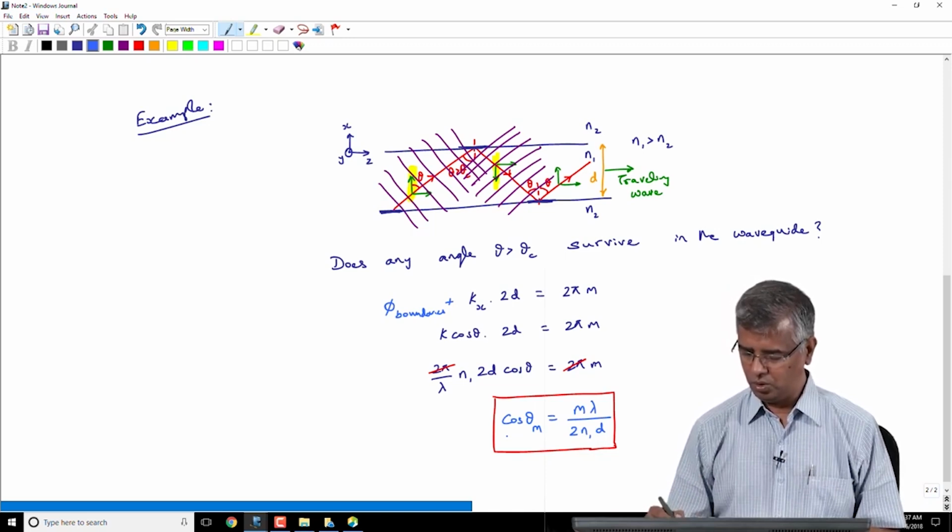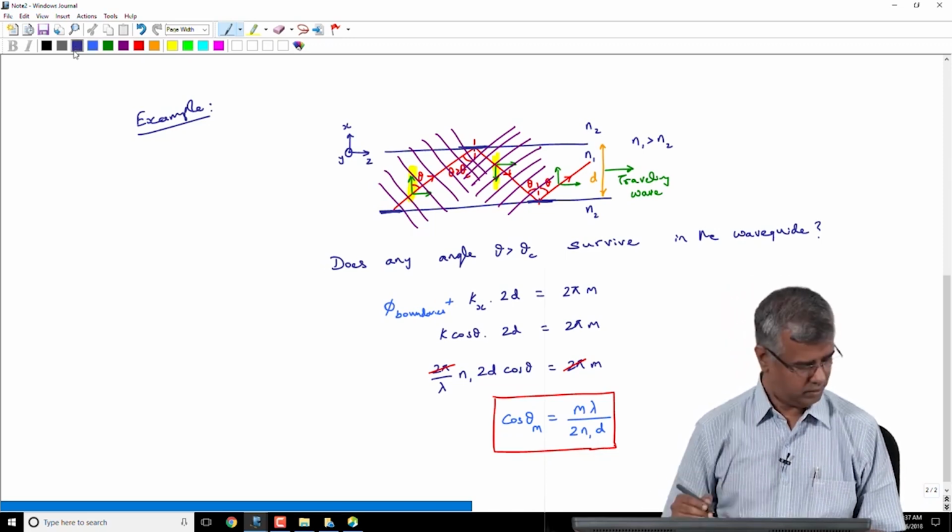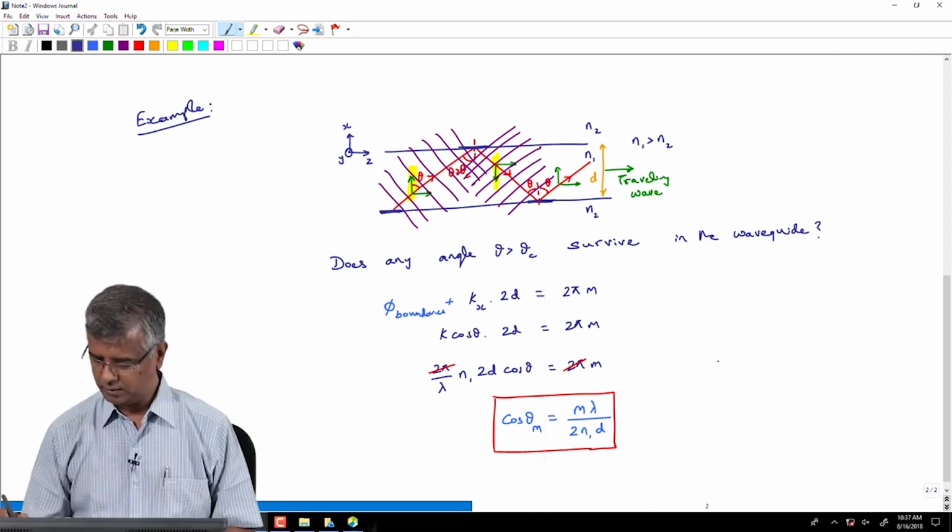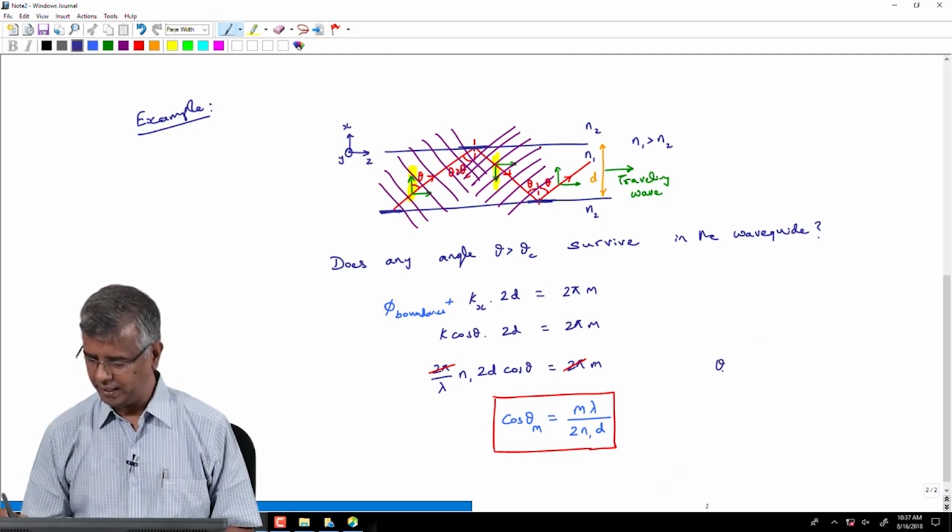So, what we are saying here is theta m can take values.